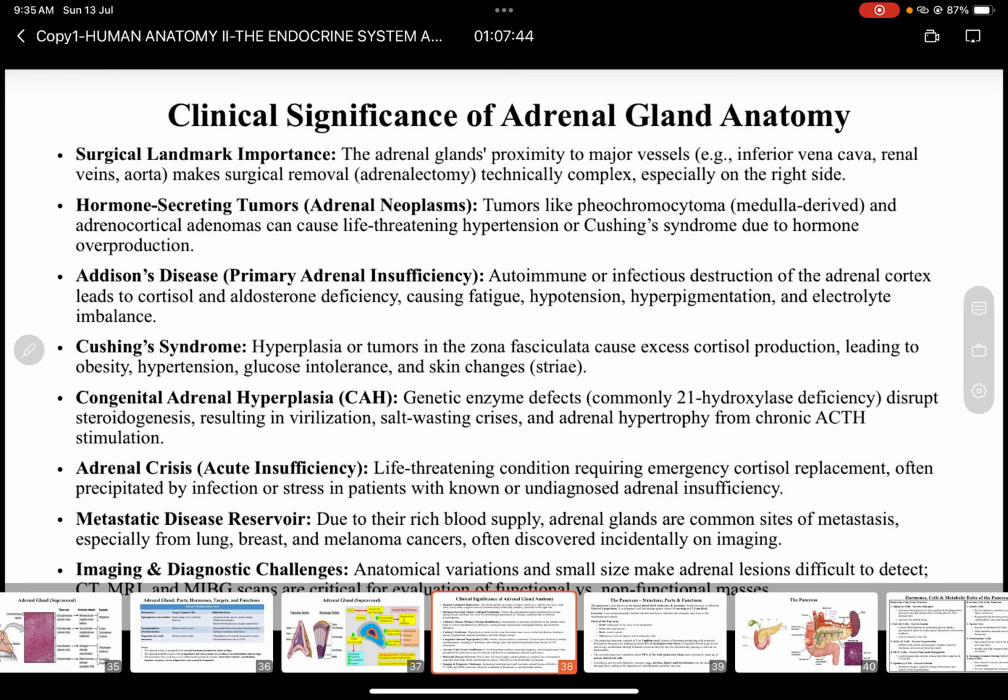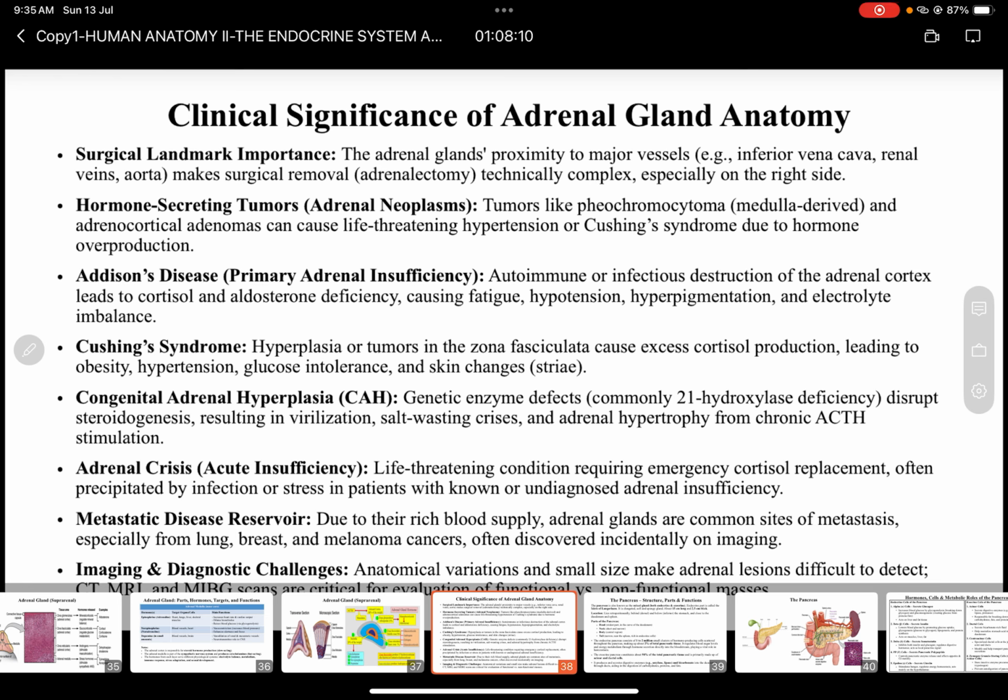Usually, these patients will experience central obesity, unusual hair growth, hyperglycemia, gonadal dysfunctions, and osteoporosis. The patient may experience some of these signs.